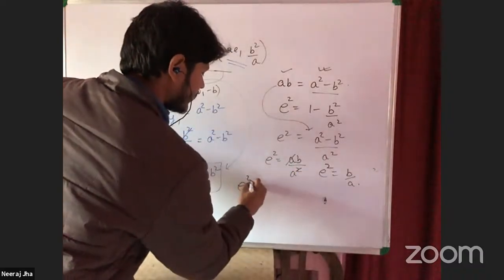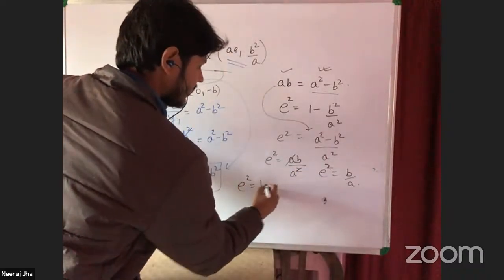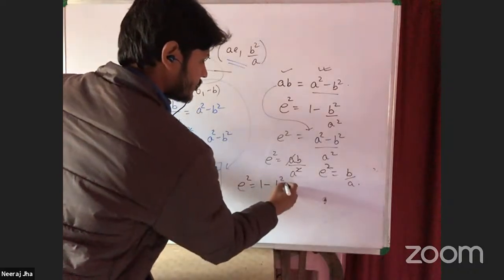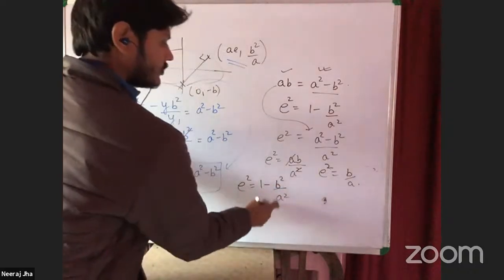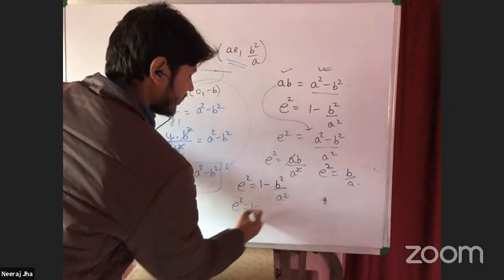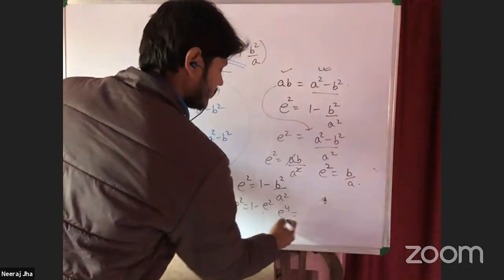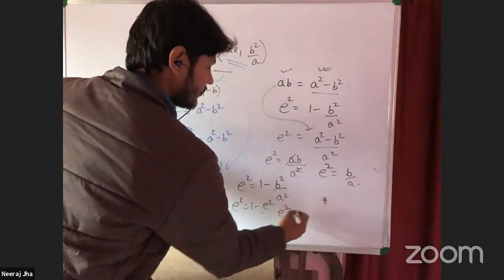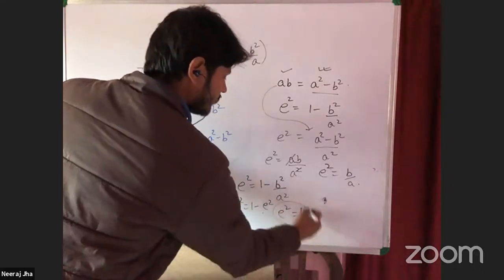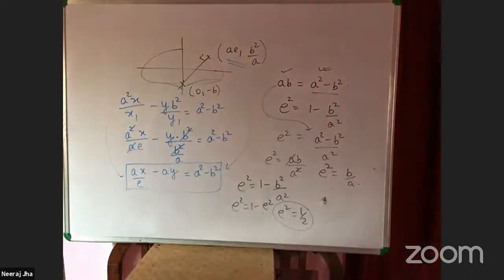Correct? Hence, e square is equal to 1 minus b square by a square, so e square is equal to 1 minus e square... so e power 4 is equal, sorry, e square. E square is equal to 1 by 2. We get eccentricity. Now we can check for the options.